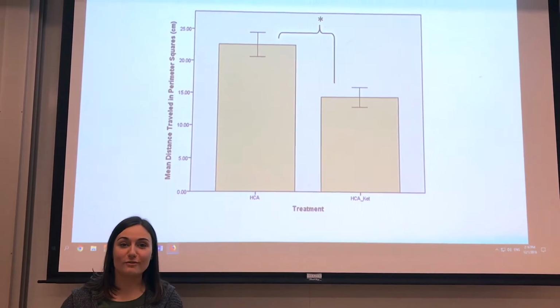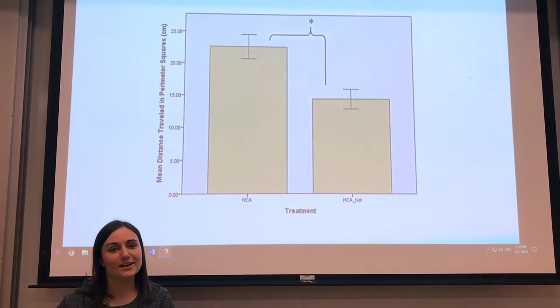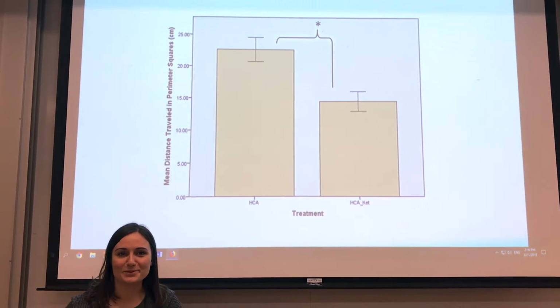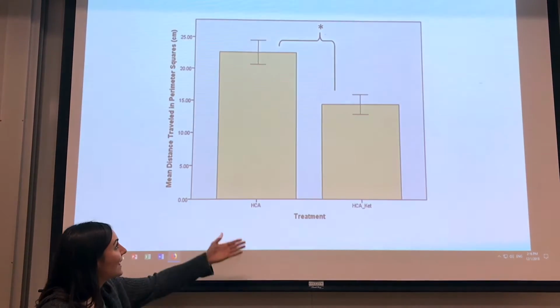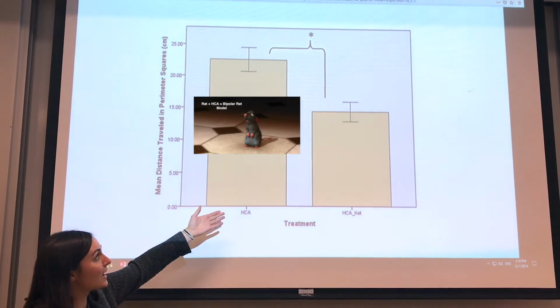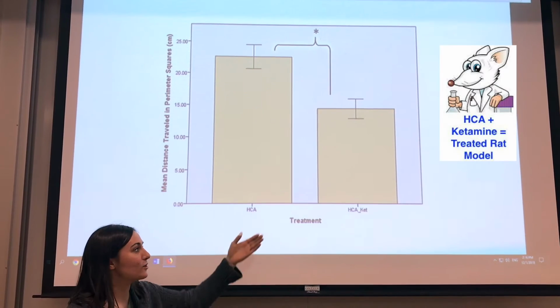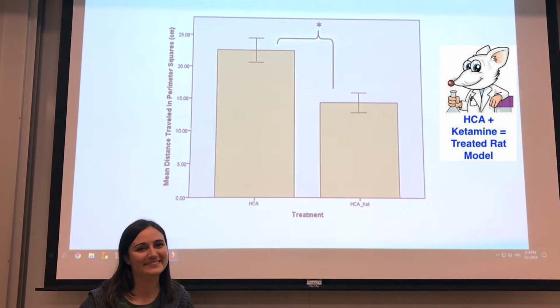For our first test in the open field, we analyzed the average distance traveled in the perimeter squares. We found that rats treated with HCA traveled a significantly larger distance in the perimeter square than those pre-treated with ketamine.